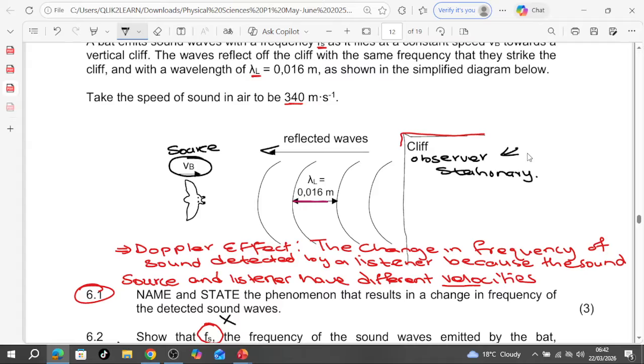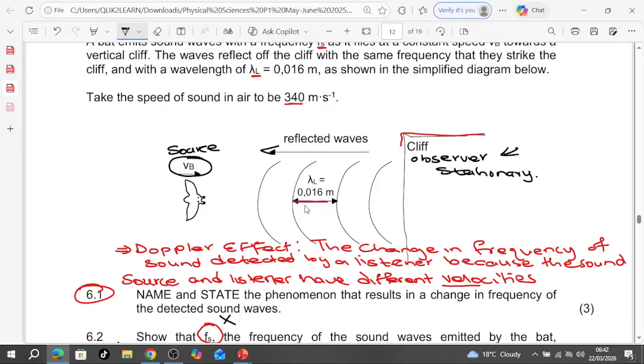Now the bat is moving where? The bat is moving towards this reflected sound. I hope you see, it's even there on the diagram. The bat moved towards that reflected sound. So this tells us that the bat is going to detect a higher frequency.